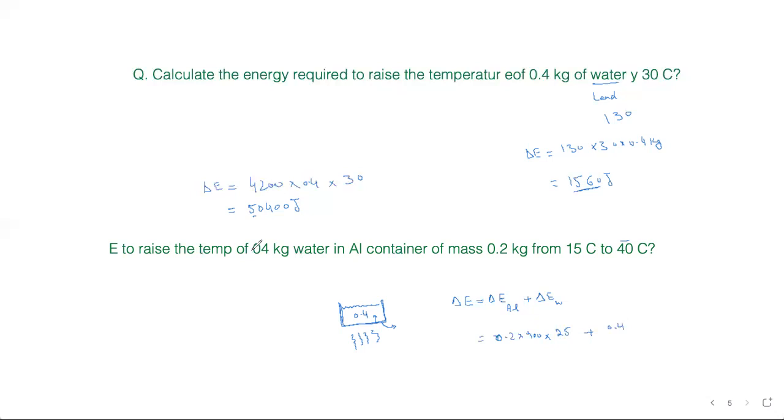And plus 0.4. So this was actually 0.4, here is the point. 0.4 times 4200, which is the heat capacity, and the temperature increase is of course the same, isn't it? Now you have the heat capacities of two different materials, because we want to bring both to the same temperature.